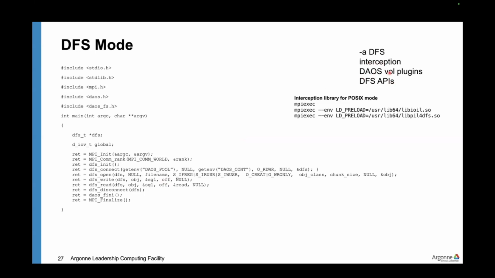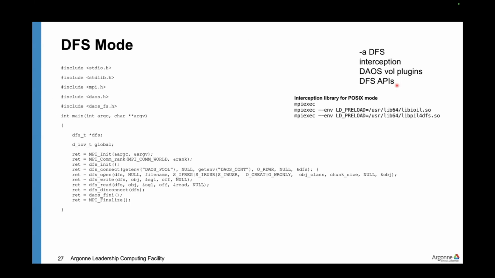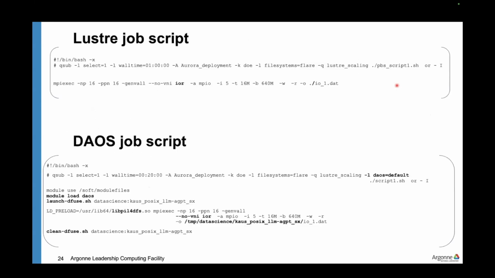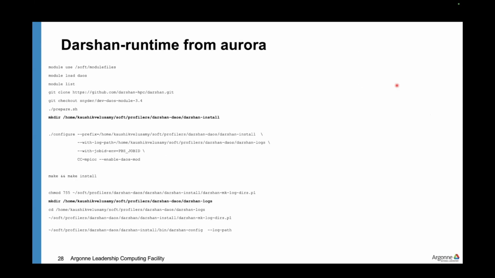So these are the interception library, VOLs, the DFS APIs, and -a DFS from IOR. If you want to do some IO benchmarks, IOR supports -a DFS. If you pass -a DFS instead of -a POSIX, it would do the IO benchmark directly on DAOS. I have an example in the coming slides.